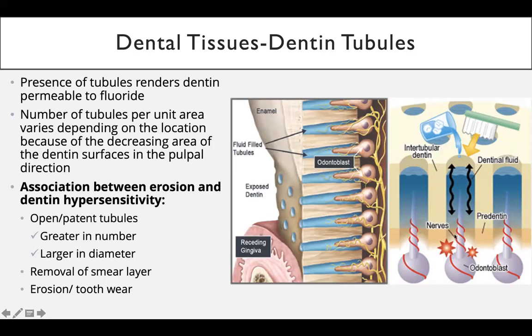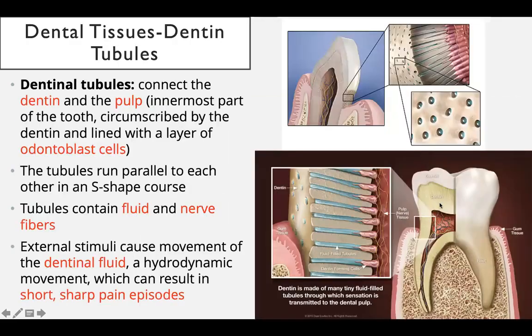And then there is intertubular dentin, and then there are nerves and odontoblast. Okay, predentinal layer, stem cells. So the number of tubules per unit area varies depending on the location because of the decreasing area of the dentin surface in the pulpal direction. Here it will be more, depending on the area we are talking about.